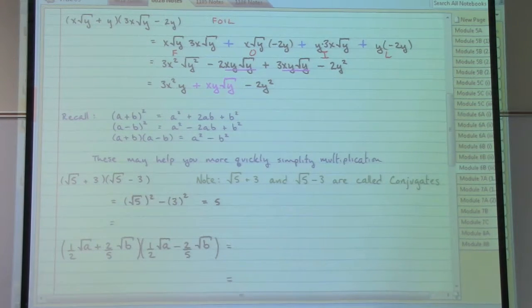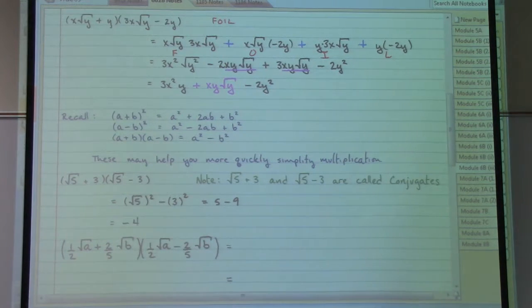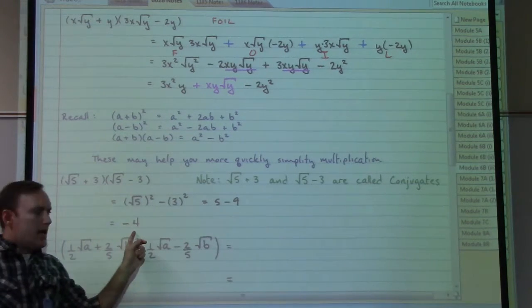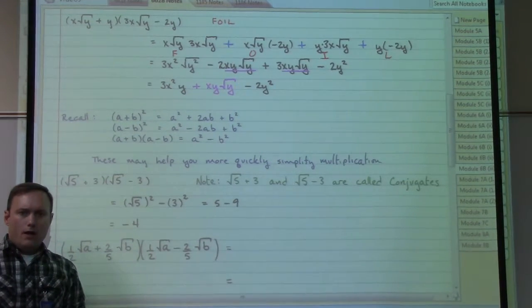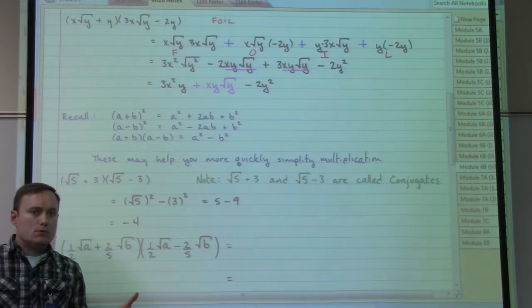So that's a nice comment to be able to make that might be helpful in certain other kinds of problems that we see in the near and far future. But the other important thing to notice here is that we end up getting an answer free of square roots.